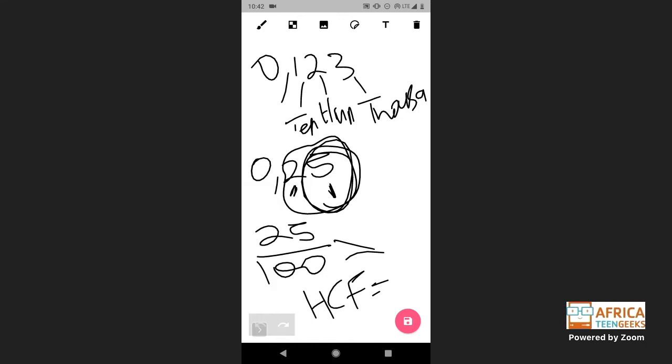So our highest common factor for 25 and 100 is 25. So 25 divided by 25 gives us 1, and 100 divided by 25 gives us 4. So now we are correct and good to go.